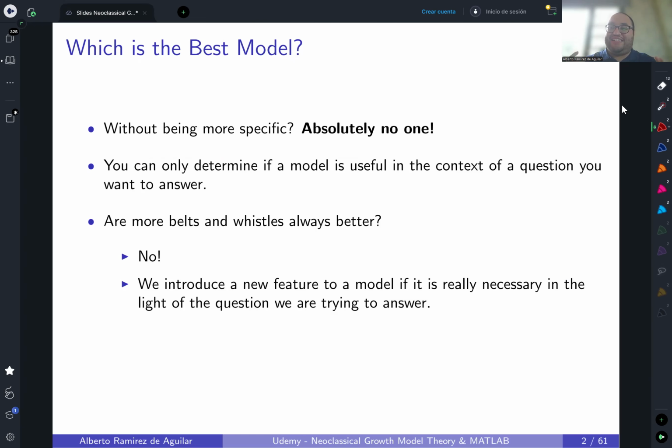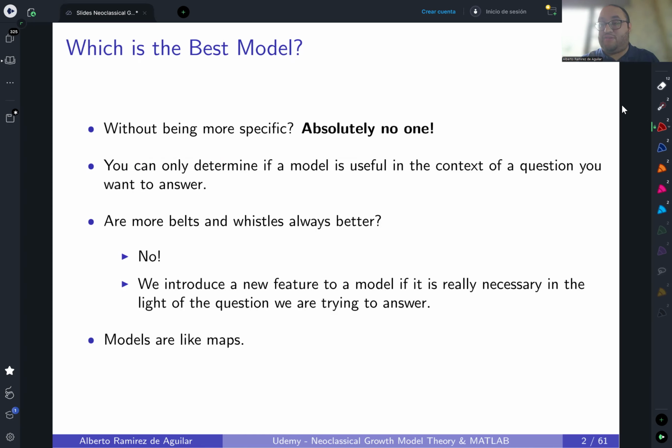And there's a very nice analogy that I like that I think makes my point very clear, which is that models are like maps. And what do I mean by this? Well, think about it. There are different types of maps out there.